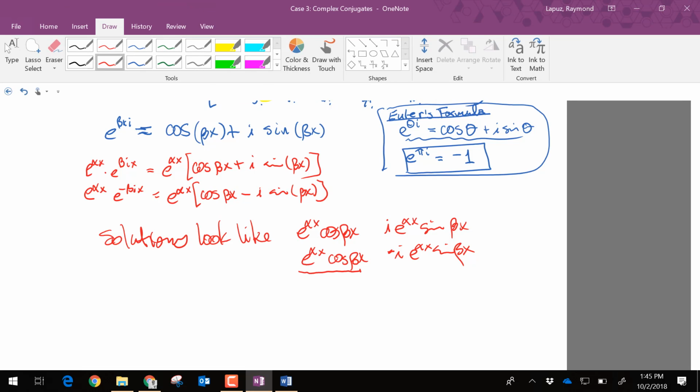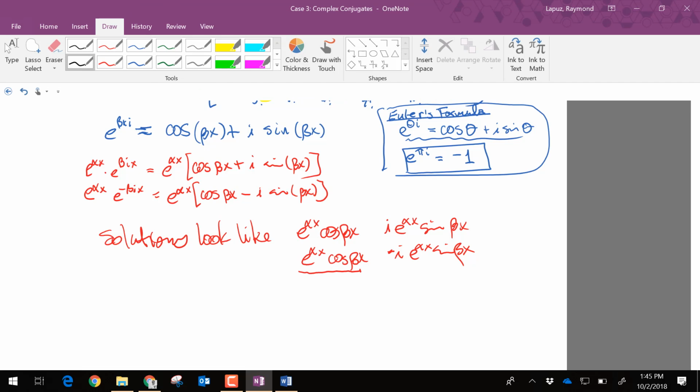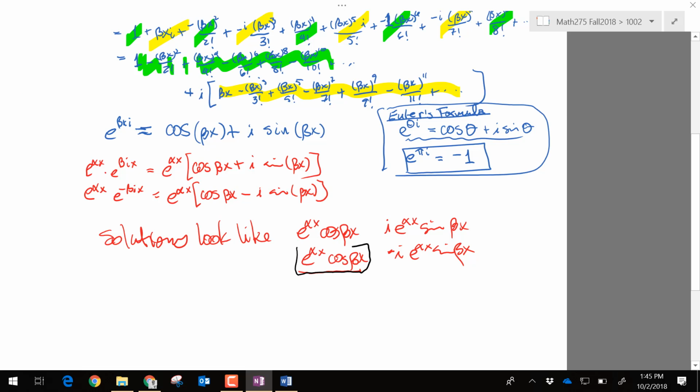And again, stressing the fact that i is just a number, a constant. This is all we really care about. The e to the alpha x times cosine beta x is one of them, and then e to the alpha x times sine beta x is the other one. So those are your two linearly independent solutions.